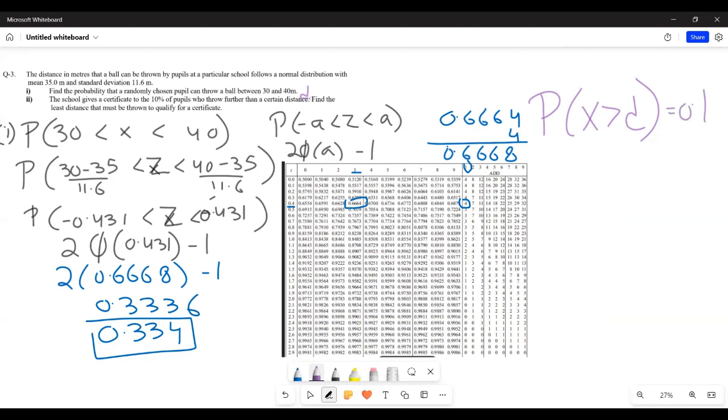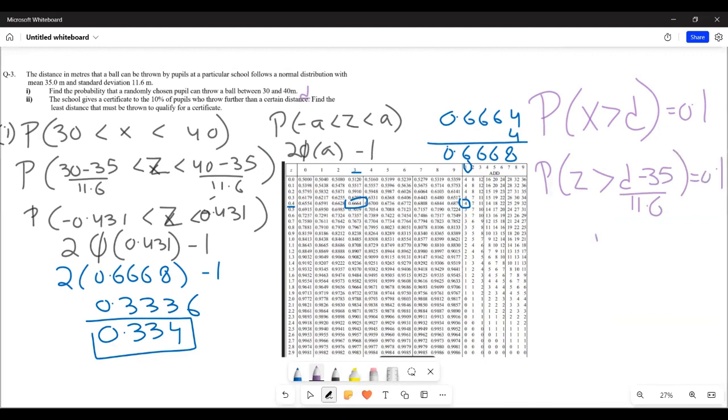Which means that we have to do probability Z is greater than D minus mean, which was 35, over standard deviation 11.6, and this equals 0.1. So it's some value over here. Since the probability is so small, somewhere over here.